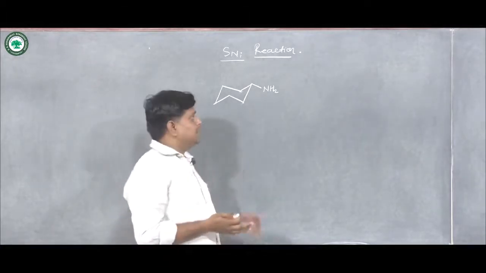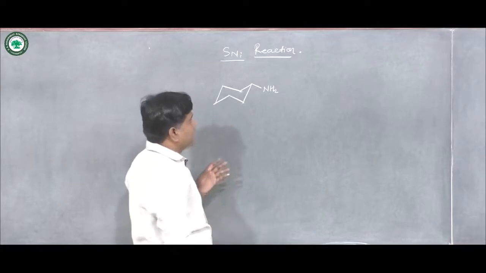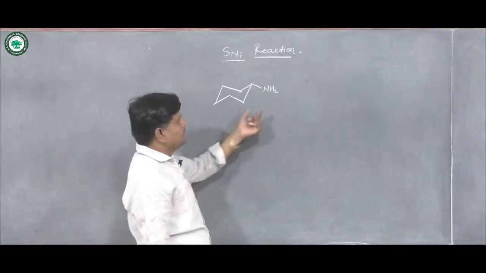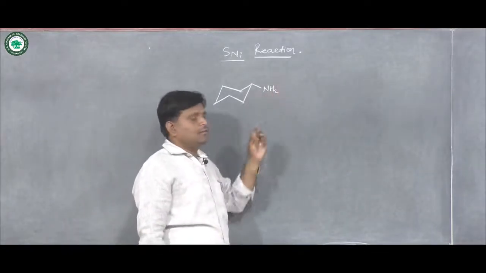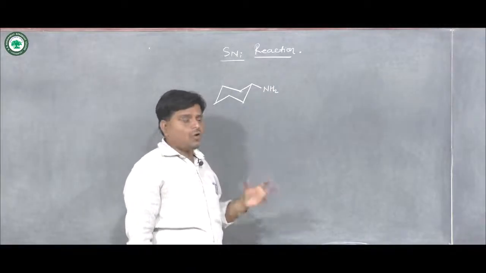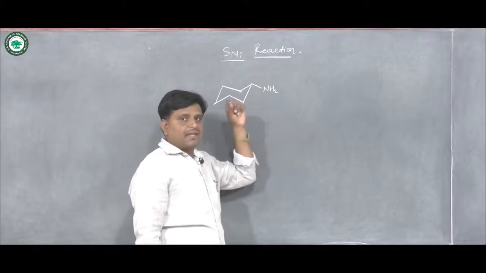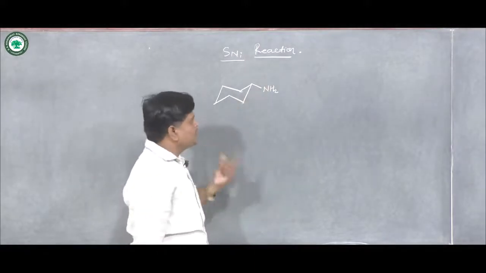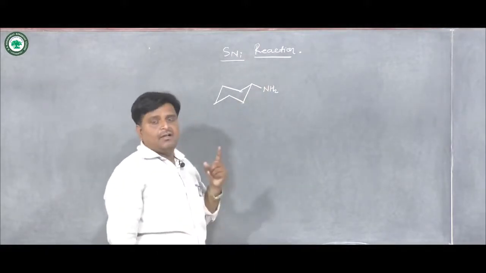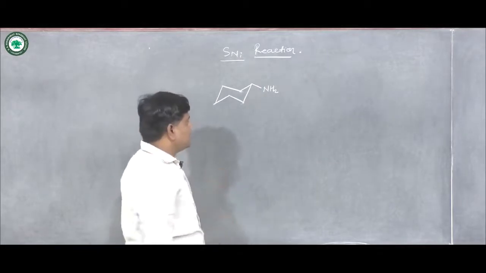So in this case we can say that in the SNi reaction, if NH2 or nitrogen is removed from the equatorial bond, the exact position is occupied by the incoming group, which is hydroxyl.